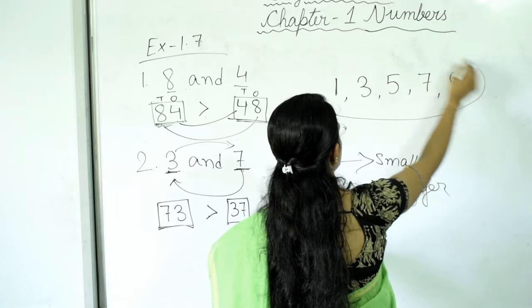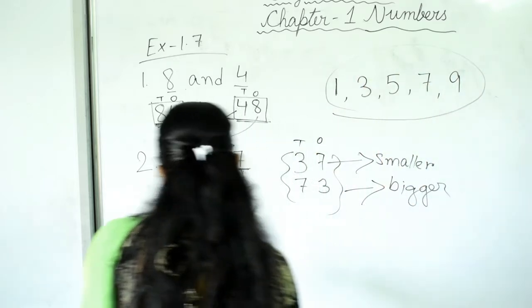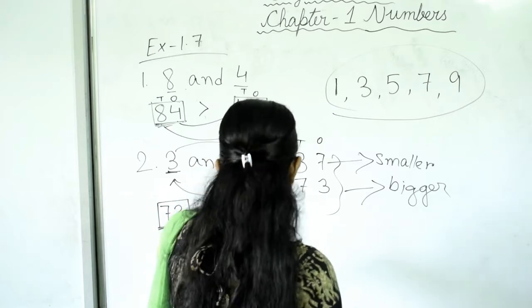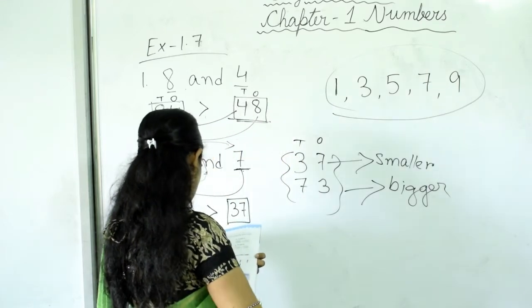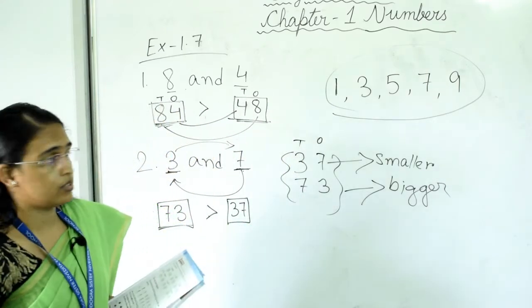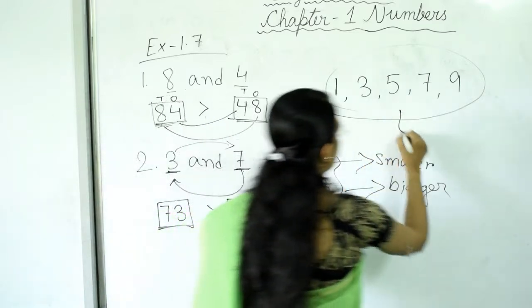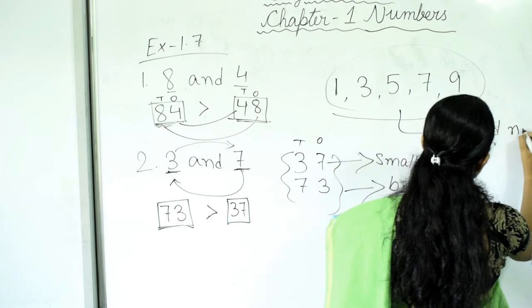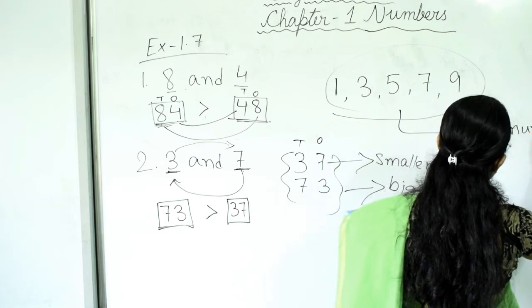These are the numbers which we can't make pairs of. So these are called odd numbers.